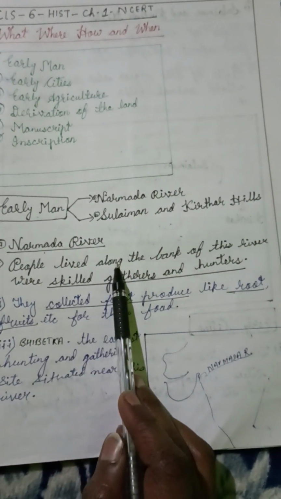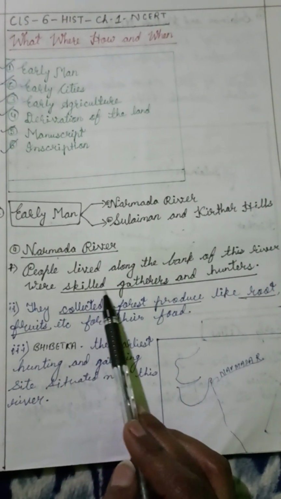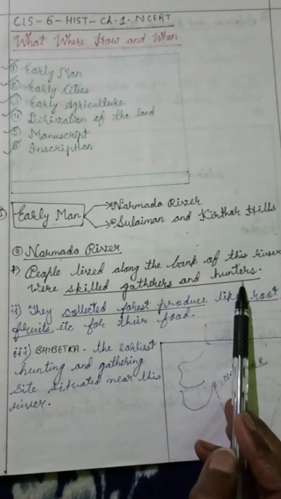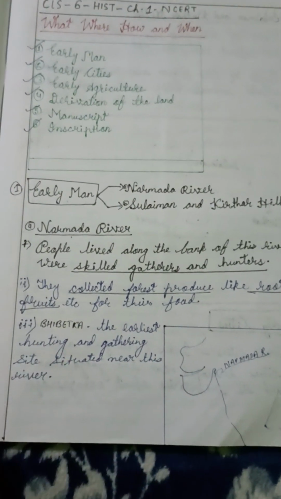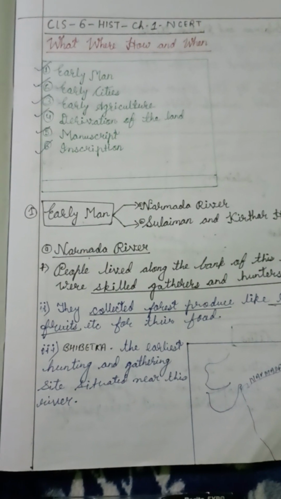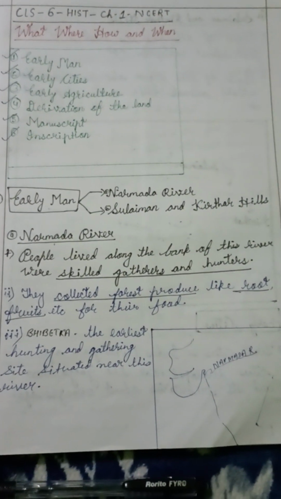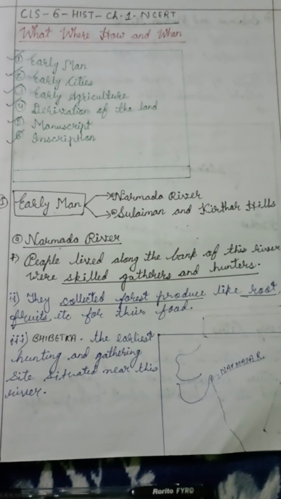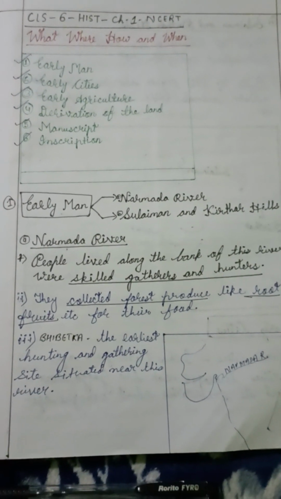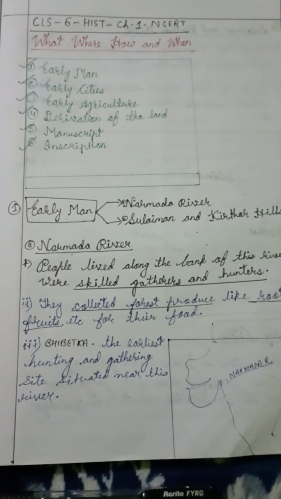People who lived along the bank of this river were skilled gatherers and hunters. Basically, we are studying about early man. So, early man generally lived by gathering forest produce like roots, fruits, etc. And they hunted animals for their survival.